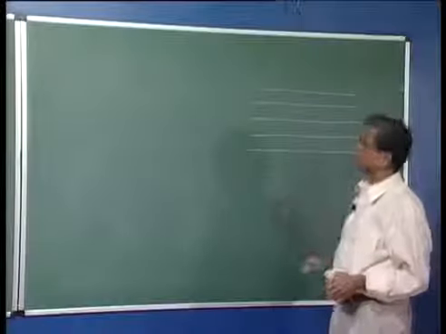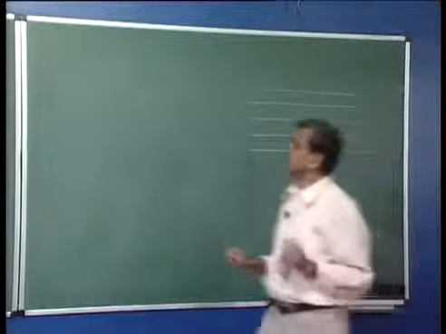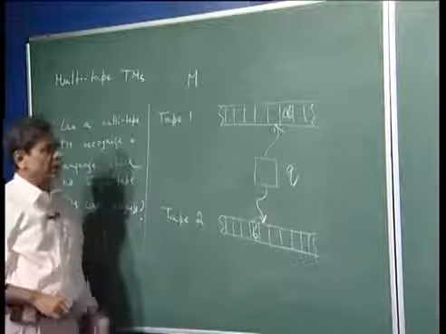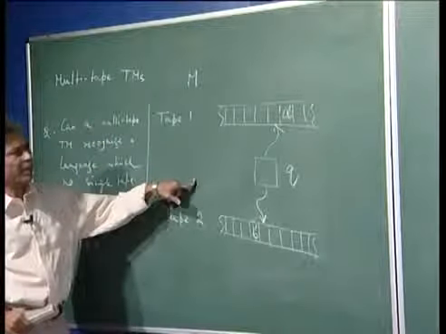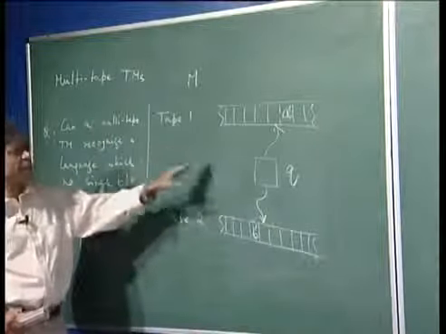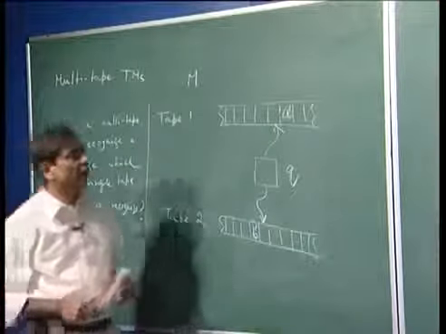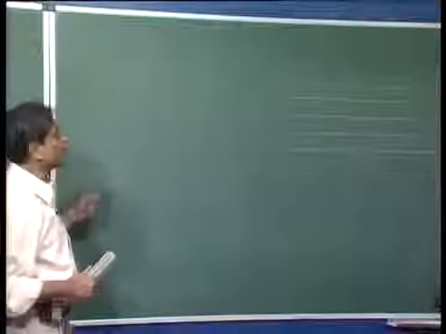which has 4 tracks. So, let us be clear what we are doing. This is a 2 tape Turing machine and this is doing something. Let us say it is recognizing a language, and we would like to recognize the same language by means of a single tape Turing machine.